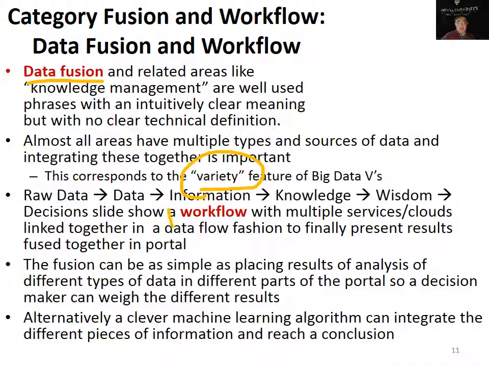And workflows are often how you integrate this fusion, because workflow, I said, is how you take different jobs and put them together to make a big answer. So fusion is taking different types of data and putting them together to get an answer that is implemented as a workflow. The fusion can be done really simply by just running the different varieties of data independently and placing the answers on a portal, and then the user does the integration.